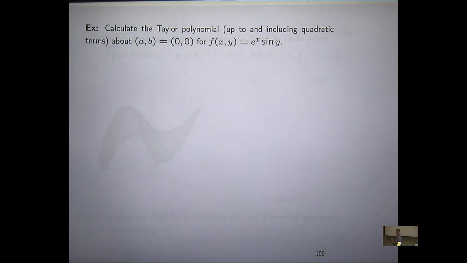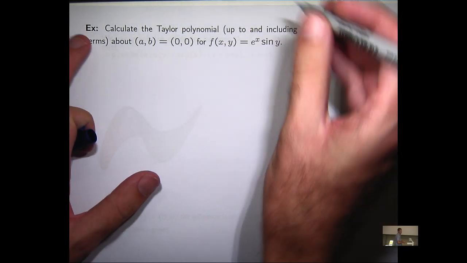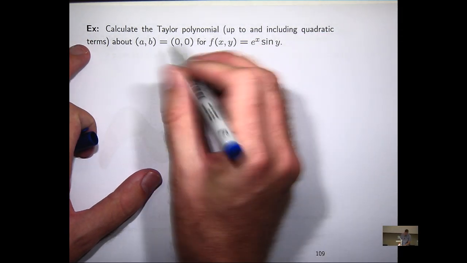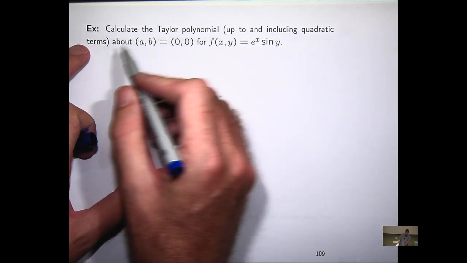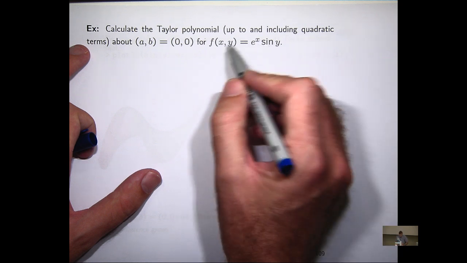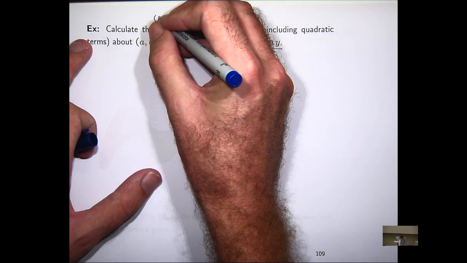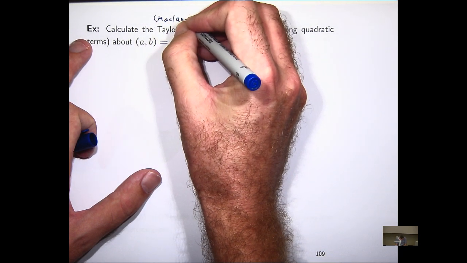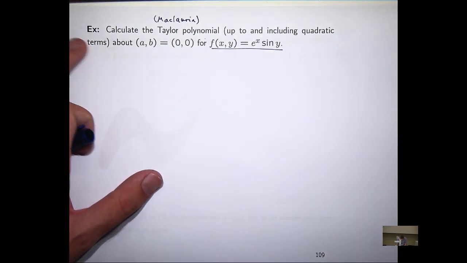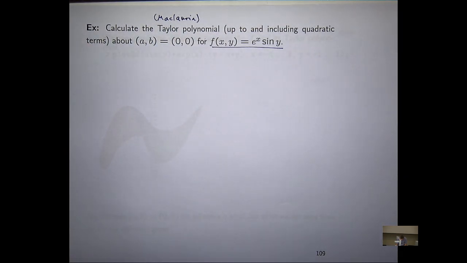Calculate the Taylor polynomial. I guess in this case it's a Maclaurin polynomial because it's about 0, 0. You want to include the quadratic terms about the origin for this function here. Now, there's a fast way of doing these kinds of problems and a slow way. Anyone say for this one?